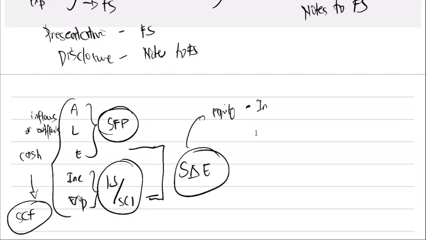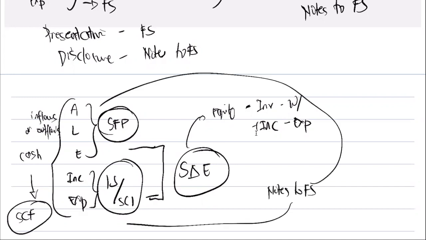Equity is equal to your investments less any withdrawals, plus any income, less any expense. So together with your income or expense, we create your statement of changes in equity. Okay. And then we also have your notes to financial statements. These notes to financial statements provide guidance over your SFP, income statement, statement of comprehensive income, statement of changes in equity, and statement of cash flows.